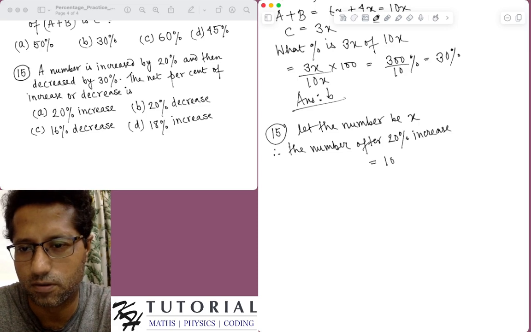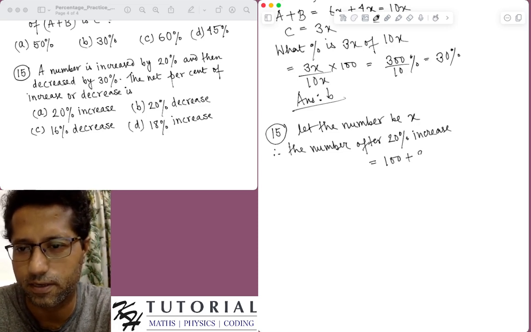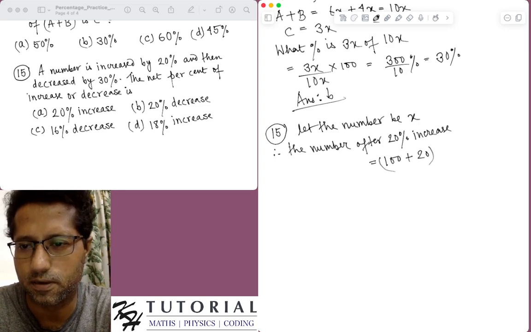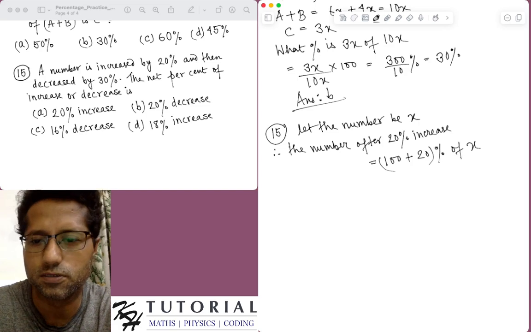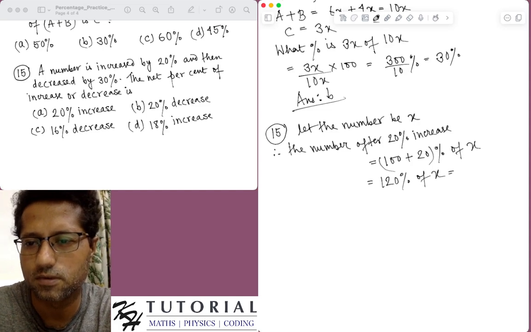So the number after 20% increase will be 100 plus 20, this much percent of x. So this is 120% of x, this is 120 by 100 multiplied by x, and after simplification, this is 6x by 5.